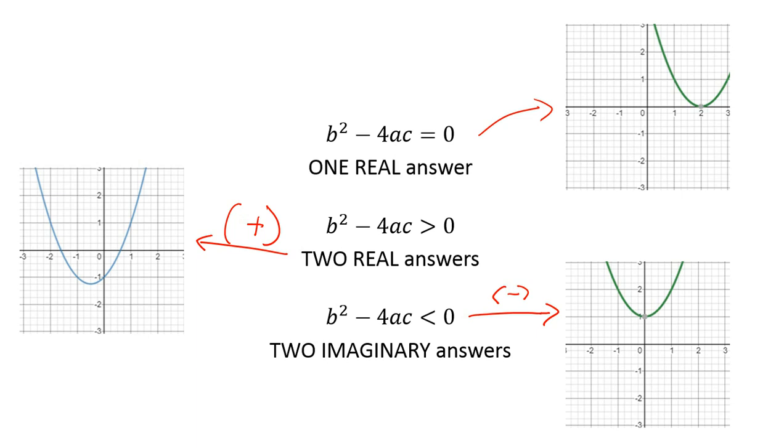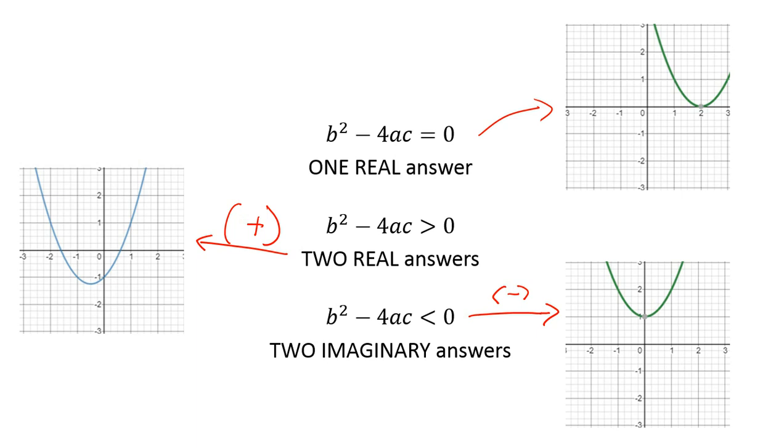When you take the square root of any negative number, it ends up being imaginary. When you get a negative, you end up with 2 imaginary numbers, and your parabola will look like the one in the bottom right, either all above the x-axis or all below it. It never actually touches the x-axis, which is what we're looking for when we're looking for our solutions. So the discriminant tells us how many solutions we have and whether they're real or imaginary.